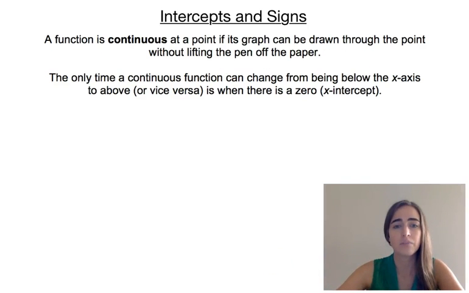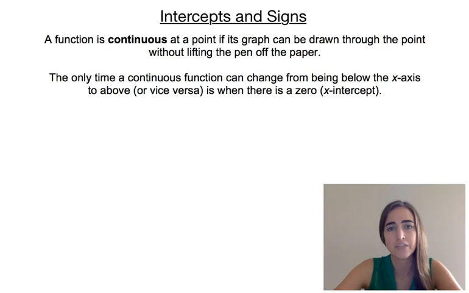The other thing that's going to help us solve inequalities is this definition. A function is continuous at a point if its graph can be drawn through that point without lifting your pen off the paper. An example of a graph that's not continuous would be a hyperbola, because you've got one section down here, and then you have to lift your pen off to draw the other section.